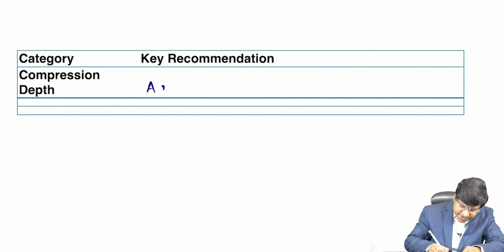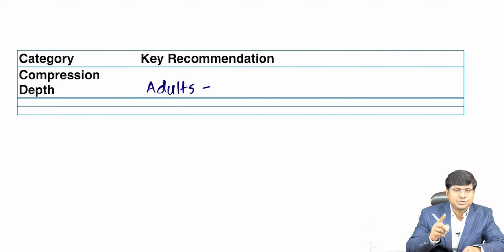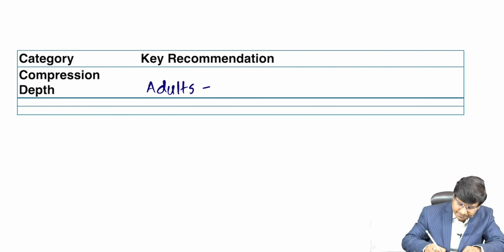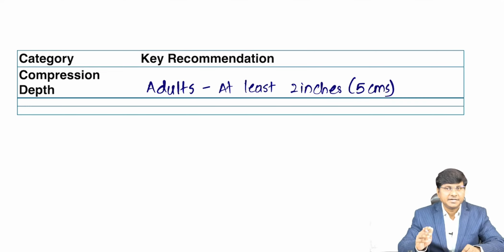If you see the compression depth in adults, the depth should be at least 2 inches, which is 5 centimeters.